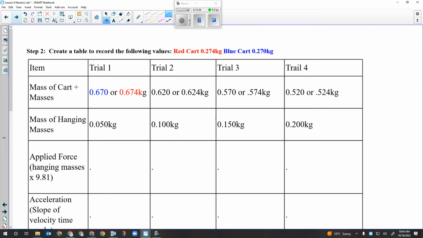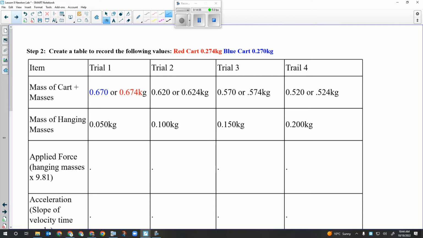Okay, so you're going to do 4 trials. First one, 400 grams on the cart, 50 over the pulley. Second trial, you'll notice we're taking 50 grams off the cart. Now, you can't just take 50 grams off the cart, because you had two 200-gram masses sitting on the cart. So you're going to have to do a little bit of permutations and combinations here to get the right amount of mass over the pulley and the right amount of mass on the cart.